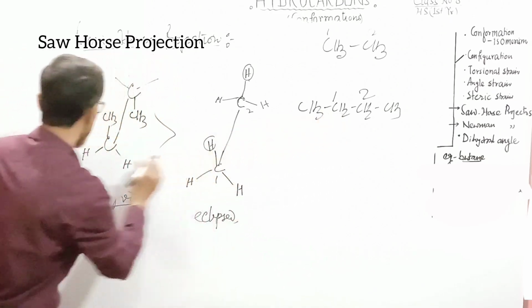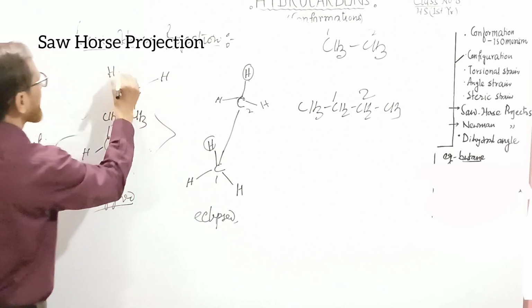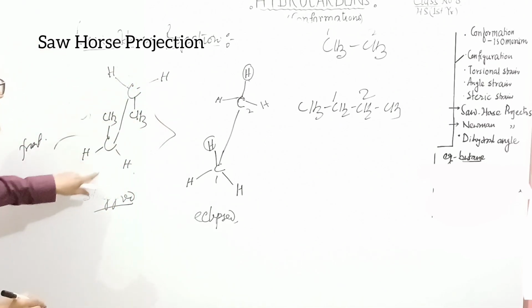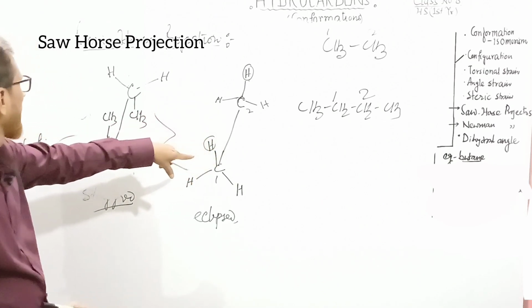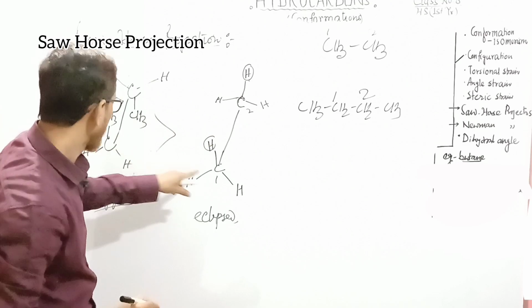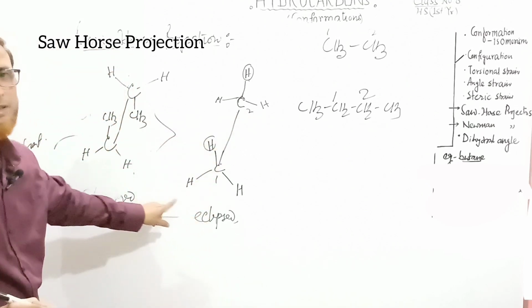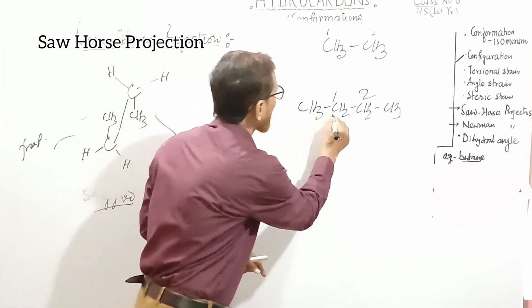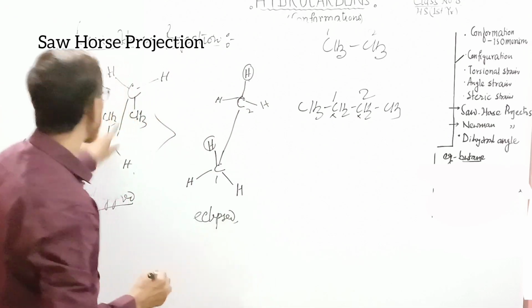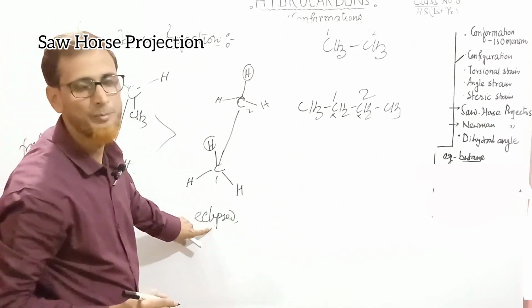Carbon 1 has 2 hydrogen, and carbon 2 has 2 hydrogen. This is one structure, the staggered form. And if you change it the way I have told, CH3 here and this CH3 here, you will get the eclipsed structure. You can write butane in this way, targeting carbon 1 and carbon 2 like this. You will get again staggered butane and eclipsed butane.